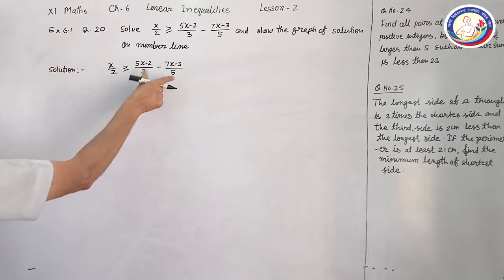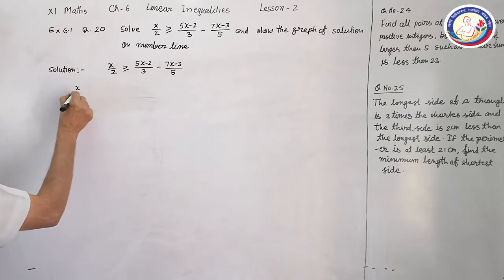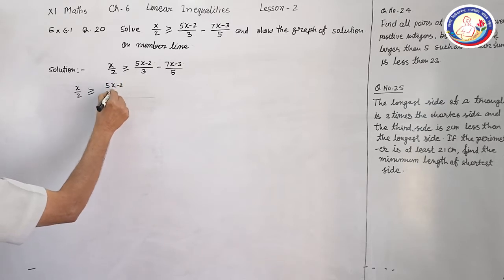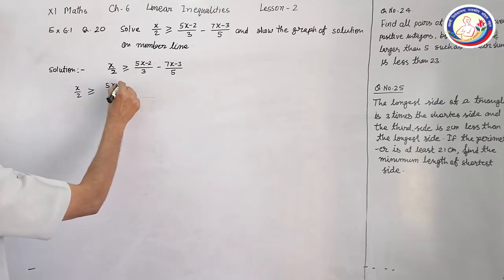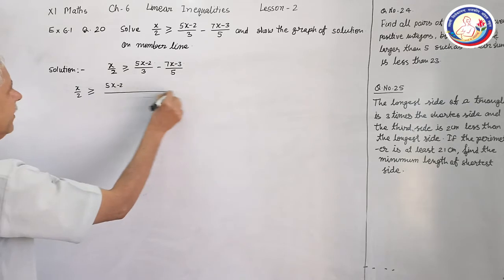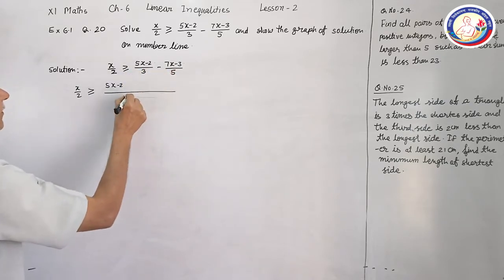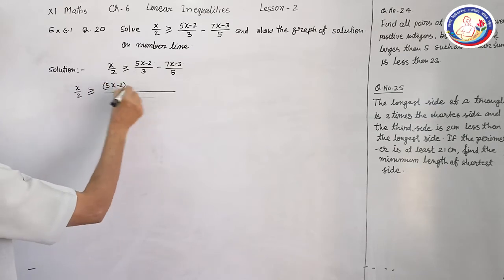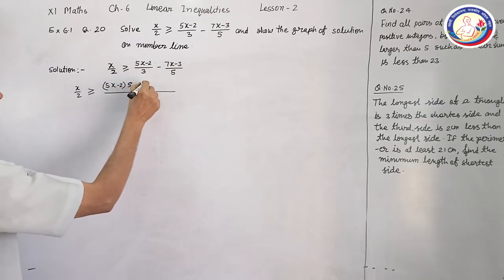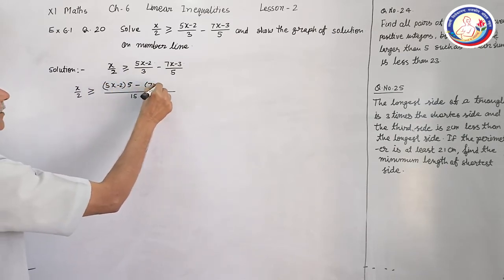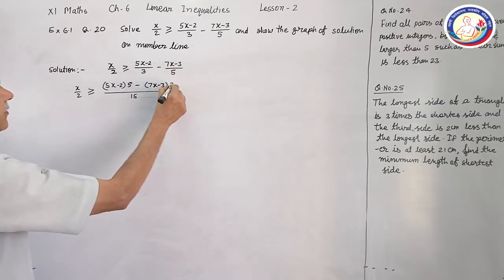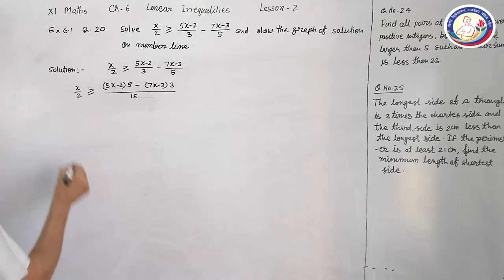First, simplify this right hand side. We will have x by 2 is greater than or equal to 5x minus 2. I am taking the LCM of 3 and 5, that is 15. Now 5x minus 2 will be multiplied by 5, and minus 7x minus 3, on dividing we get 3.